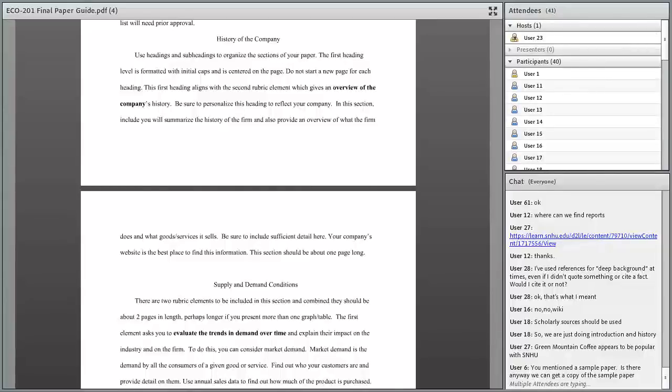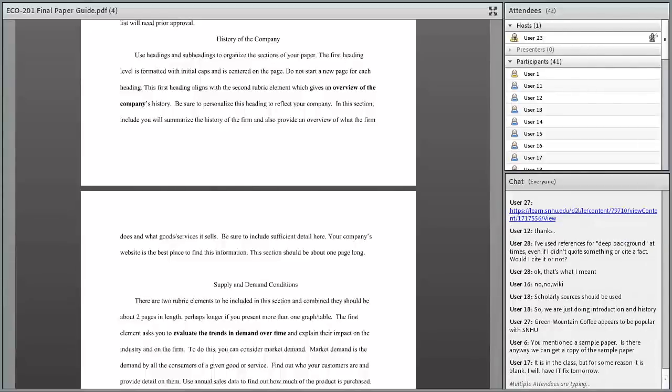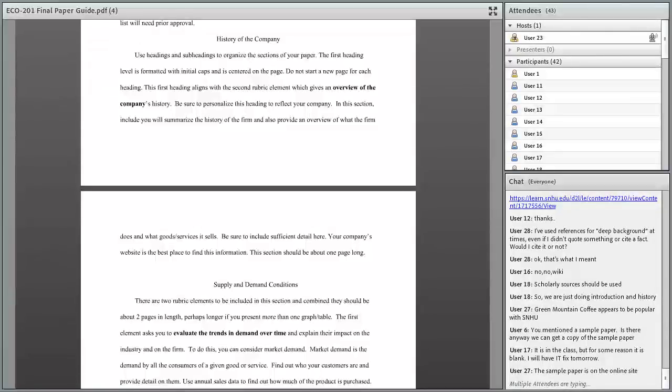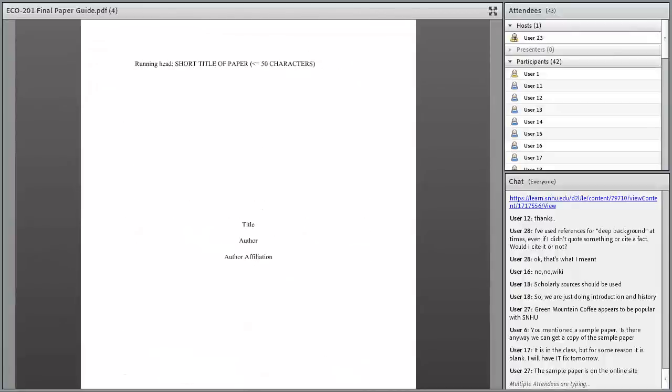A copy of the sample paper. Christina, is there a reason why it was taken out of the class? I'm not sure if it's something that has been decided not to share anymore, the sample paper. Let's see if Christina knows why it's not shared anymore.